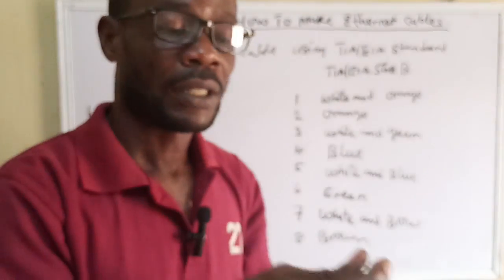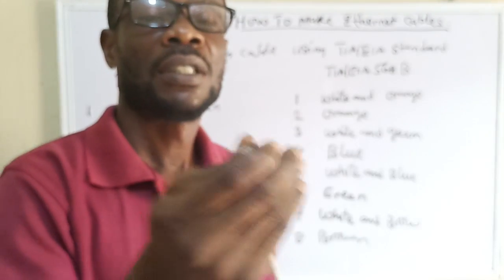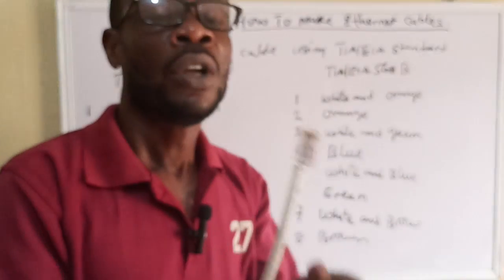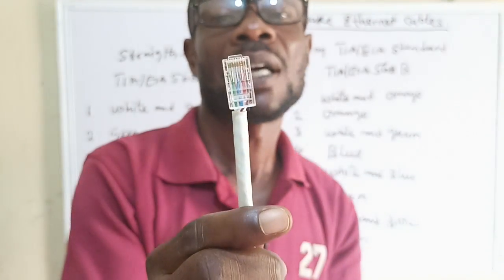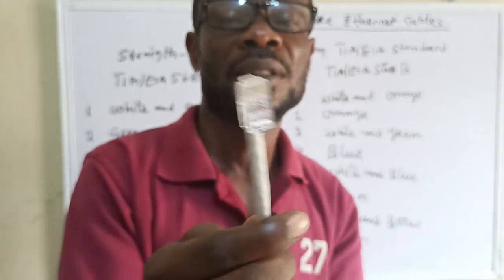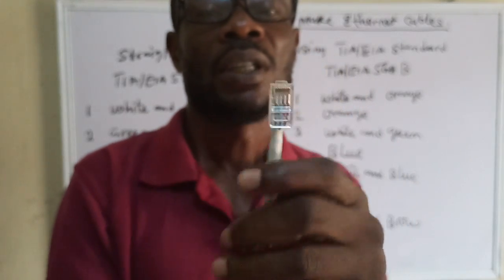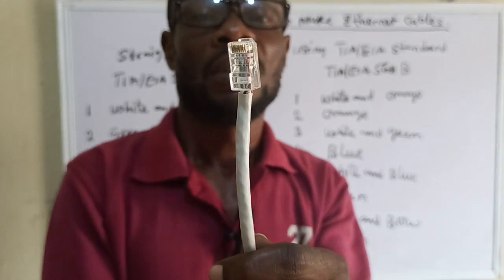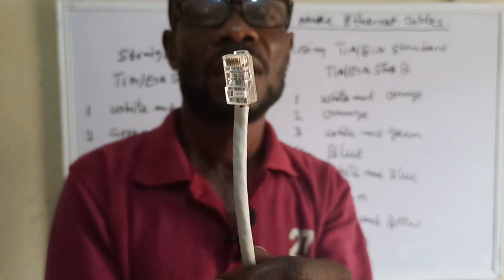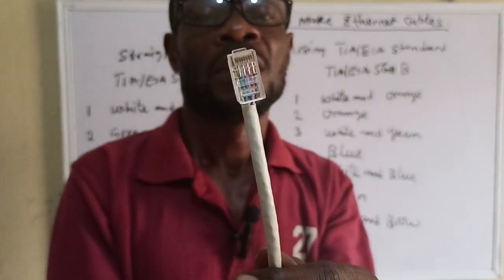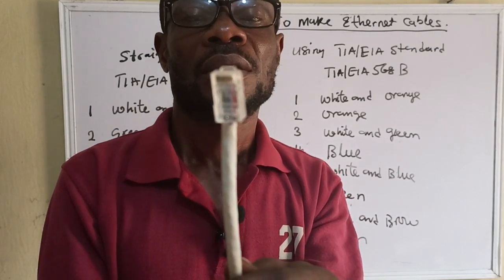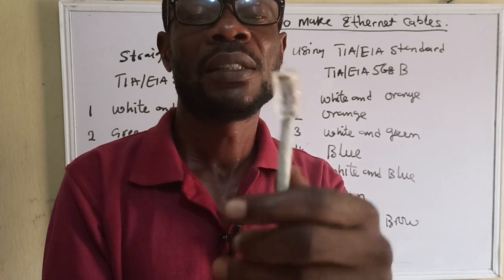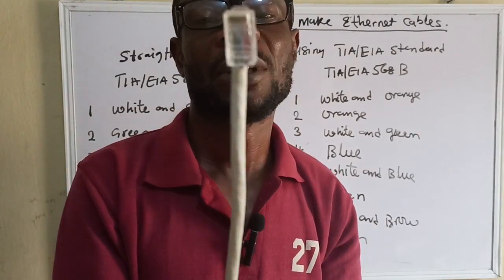So you can see I've terminated this RJ45 connector. When you look at this RJ45 connector, you see that it has 8 golden pins. These pins are where the 8 copper wires are terminated.